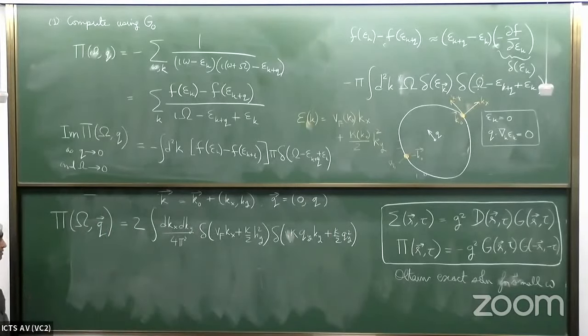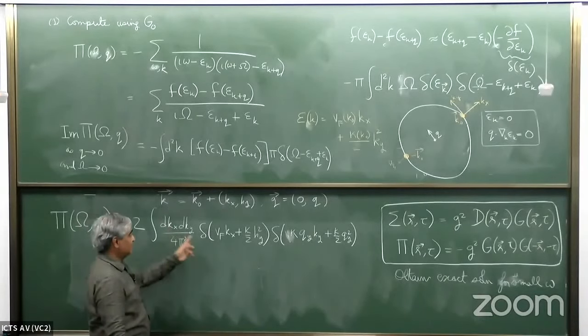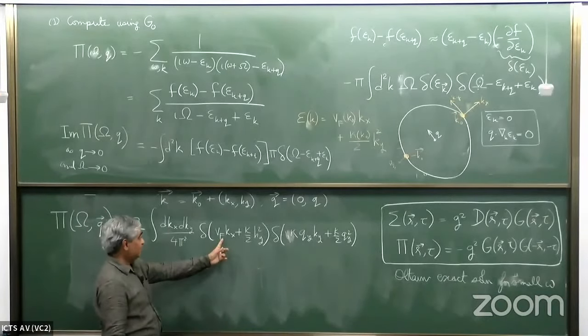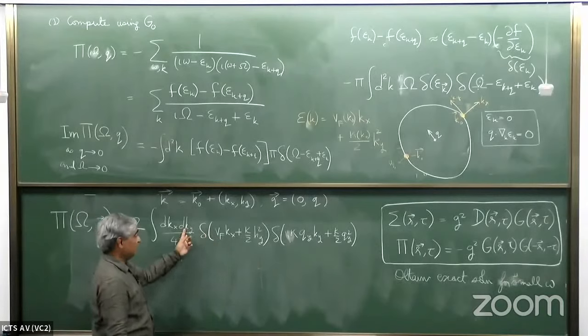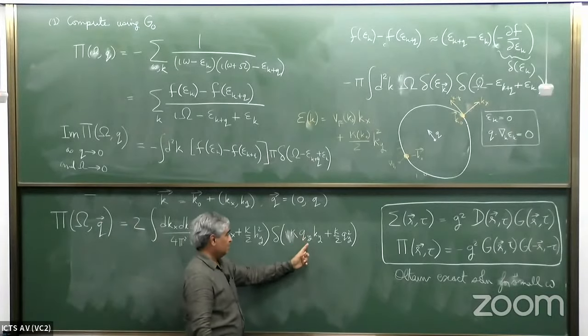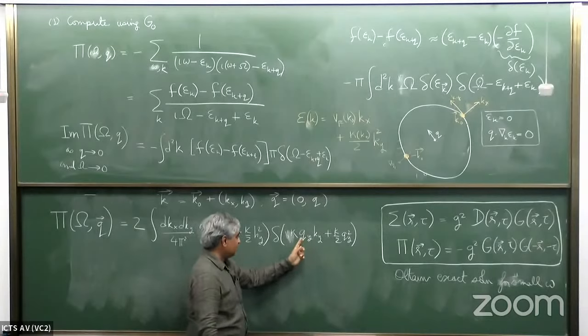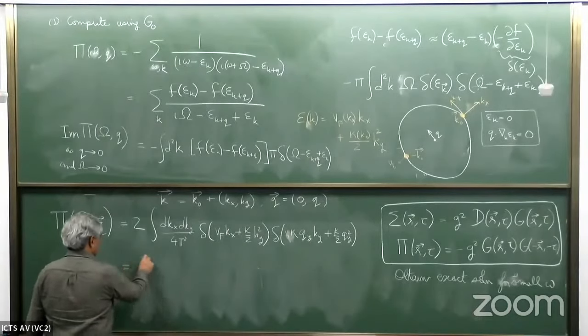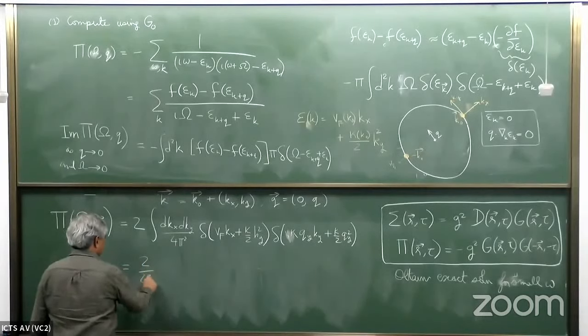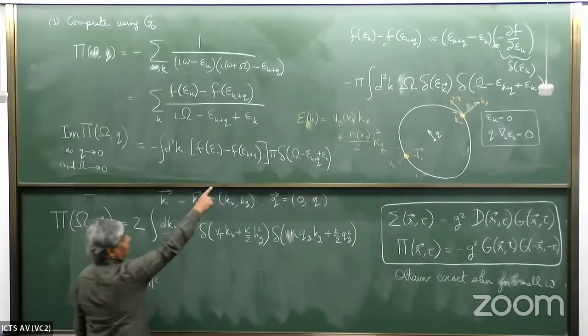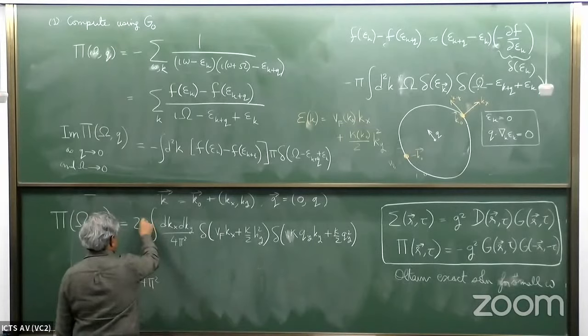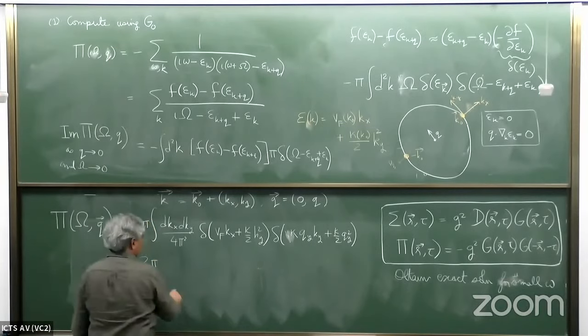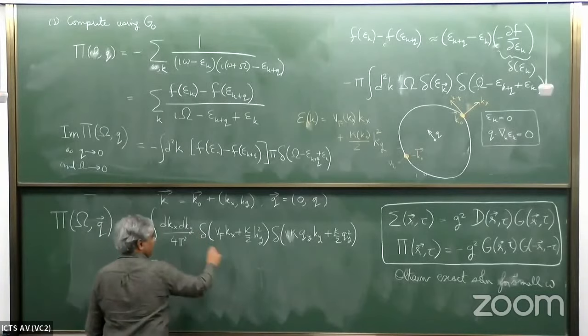Okay, so these integrals are very easy to do. You do the integral over kx, you just pick up a factor of 1 over vf. You do the integral over ky, you pick up a factor of 1 over kappa qy. So this is equal to 2, and there's a 4 pi squared. And I probably forgot that factor of pi out front. And then I will have the omega that was over there.